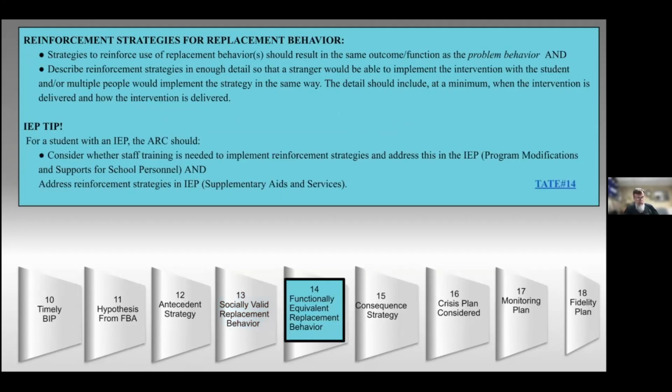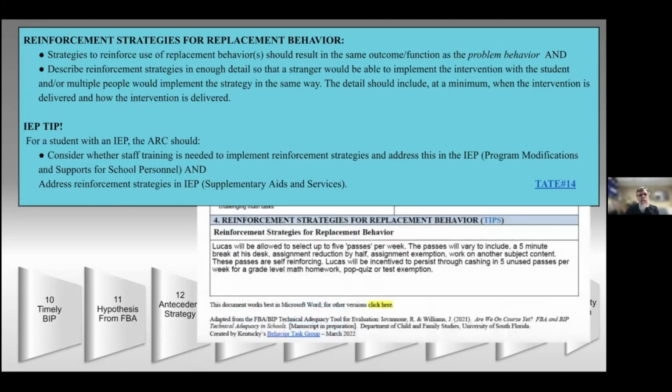The next thing that we want to think about is reinforcement strategies. How are we going to reinforce or reward the desired or replacement behaviors? Immediate, specific praise and feedback, and behavior-specific praise.